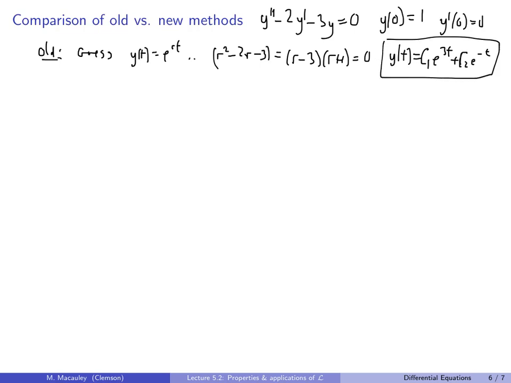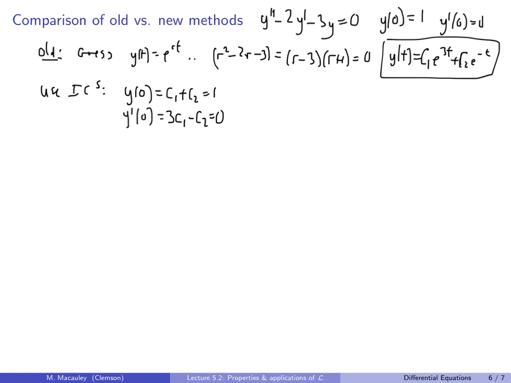If you plug in the initial conditions, then you get that y of 0, so we're plugging these initial conditions into here, y of 0 equals c1 plus c2 equals 1, and we get that y prime of 0, and when you take derivatives, the 3 comes out and the negative 1 comes out, is 3c1 minus c2 equals 0.